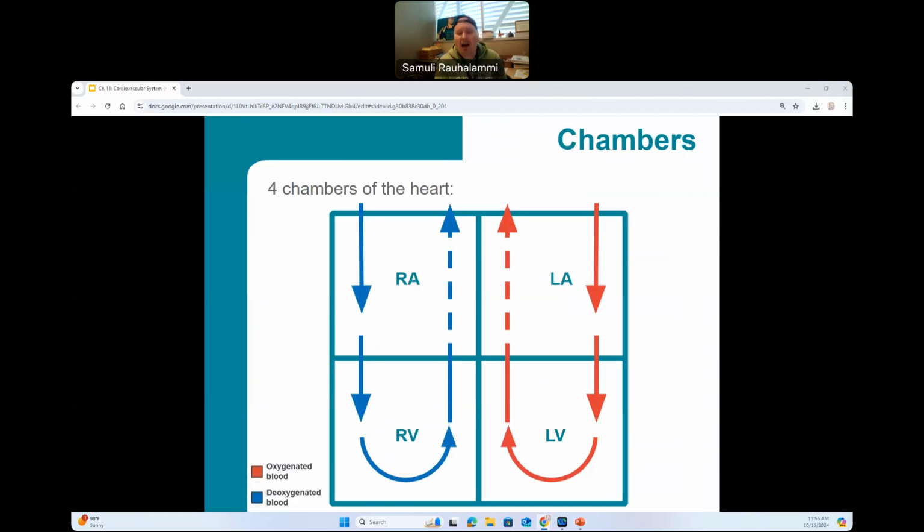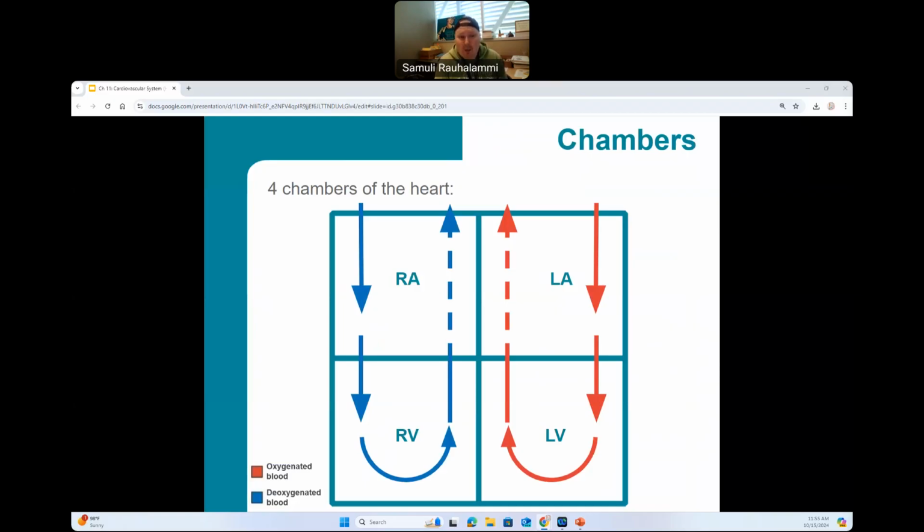And now the blood has moved from the right atria to the right ventricle, and we start pumping the blood out by squeezing the right ventricle now, and the blood rushes through another valve. This is going to be separating our right ventricle from our pulmonary trunk. And this valve, again, if you want to make a head start, is known as our right semilunar valve, or it's also known as a pulmonary valve.